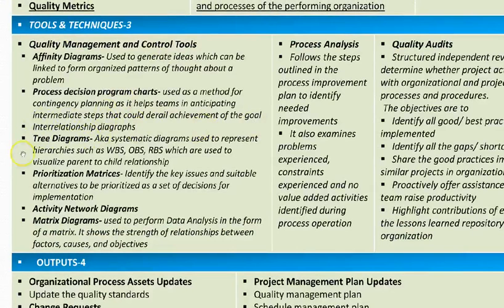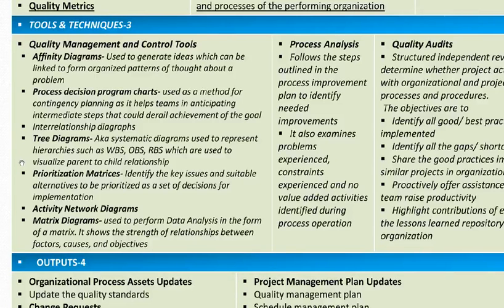We have tree diagrams, also known as systematic diagrams, which are used to represent hierarchies such as work breakdown structure, organizational breakdown structure, resource breakdown structure, which are used to visualize parent to child relationship.